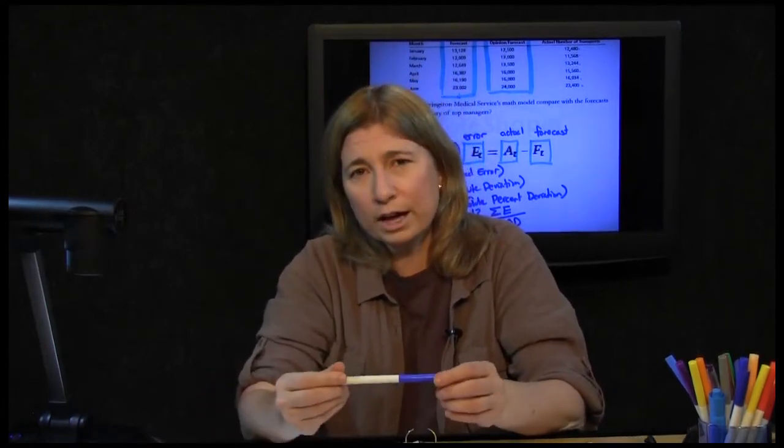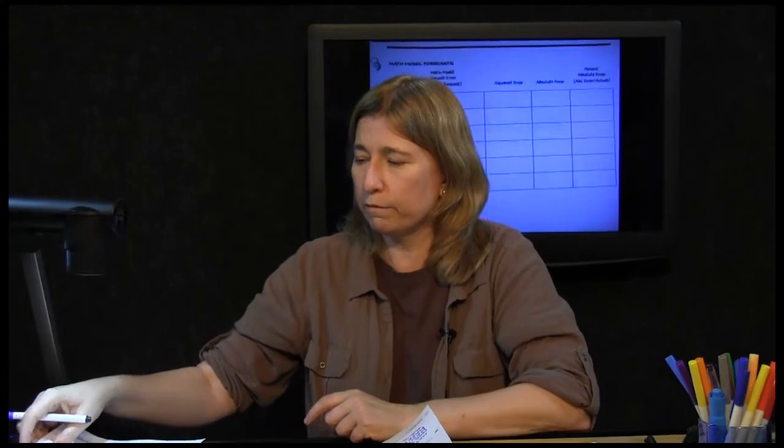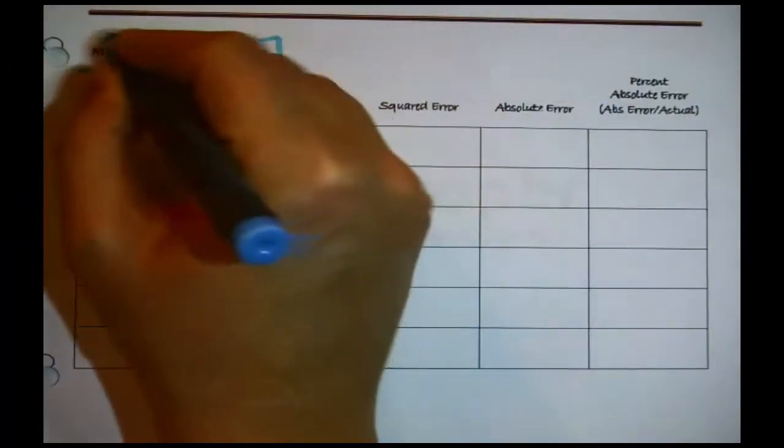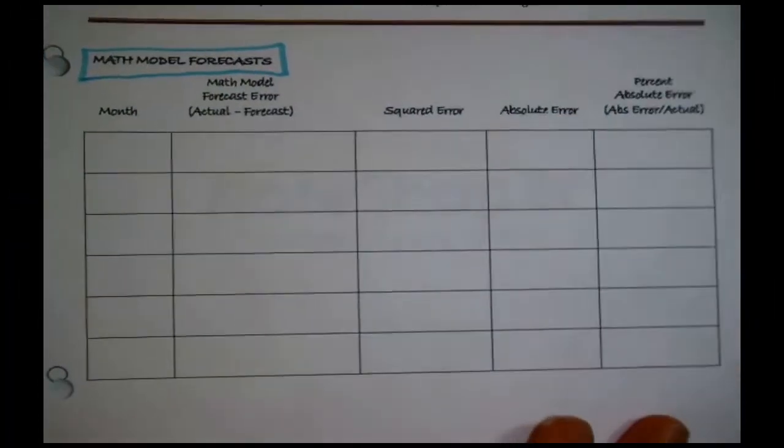Now, to do that, lots of scratch work. The key is just stay organized. If you've got these note frames, notice that a table is provided. For instance, in the case of the math model forecasts, what are the measures? This just helps us stay organized here.